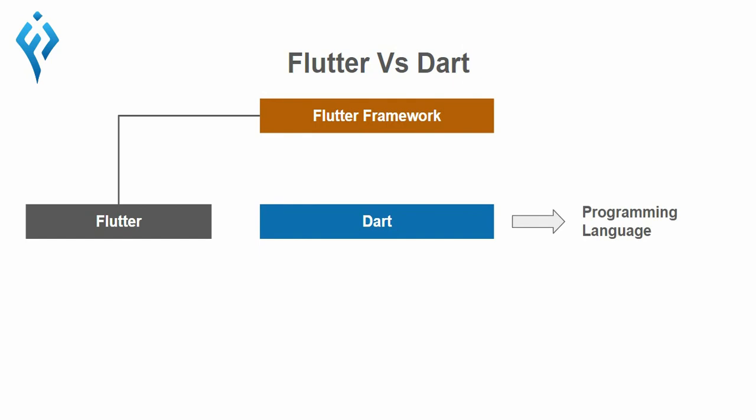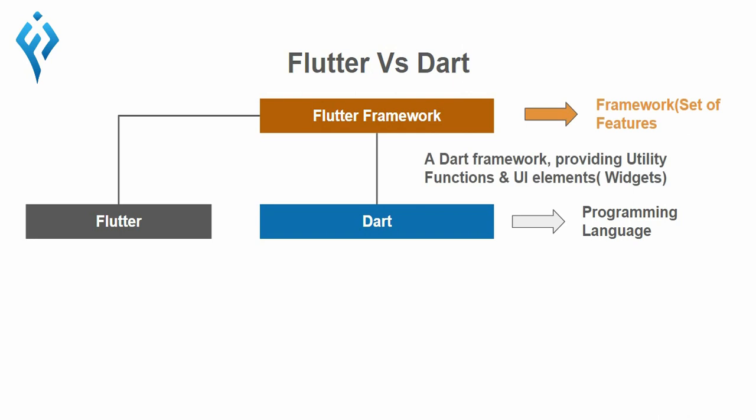Then Flutter is just a collection of tools, a set of features, utility functions, and widgets that are implemented using Dart. So you don't have to reinvent the wheel there, but you can simply write your own Dart code and then use these existing widgets in your code, so that you don't have to reinvent how a text field or button should look like, but use the pre-built button or text field instead, and then customize it as per your requirements.